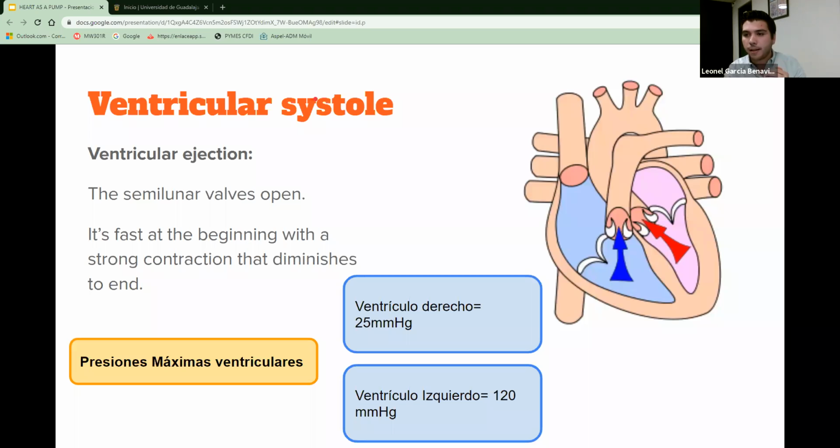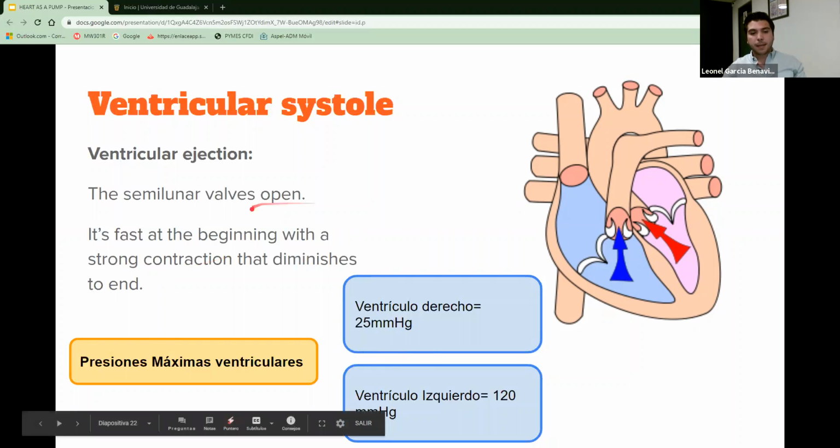They just open due to the gradient of pressure that occurs between the ventricles and the arteries, the pulmonary arteries and the aorta. So they need a high pressure. They need something very powerful to make them open and let the blood go through.